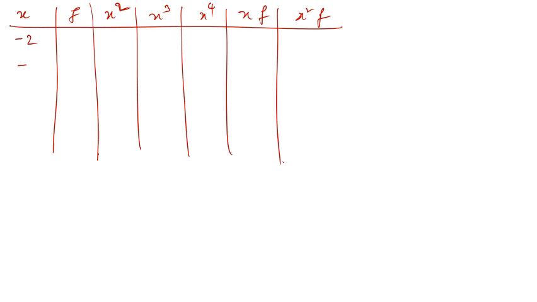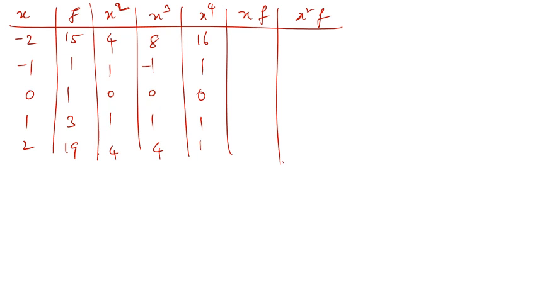This is -2, -1, 0, 1, 2. F values 15, 1, 1, 3, 19. X square 4, 1, 0, 1, 4. X cube -8, -1, 0, 1, 8. X power 4 16, 1, 0, 1, 16.